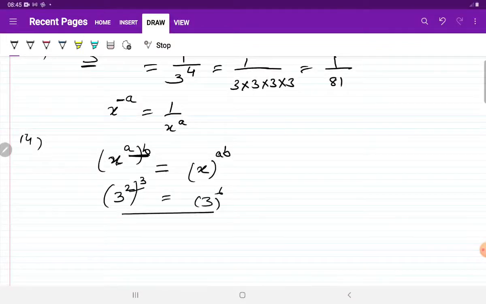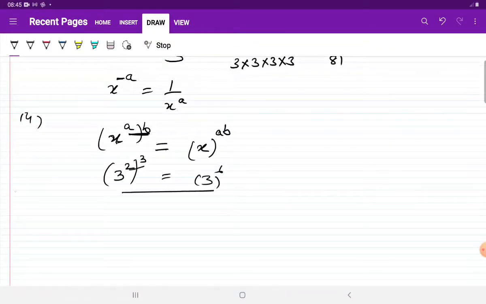So first we did with same base. Now I am taking same exponents and different base. In the first and second laws I did with same base. Now I am taking same exponent.